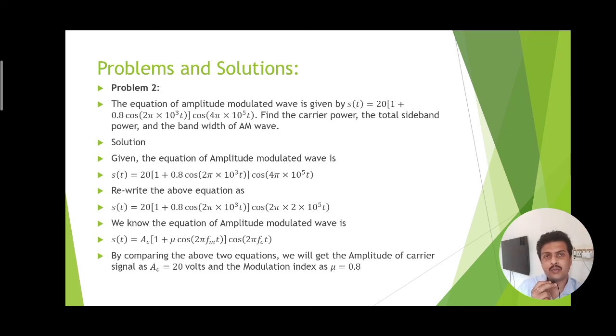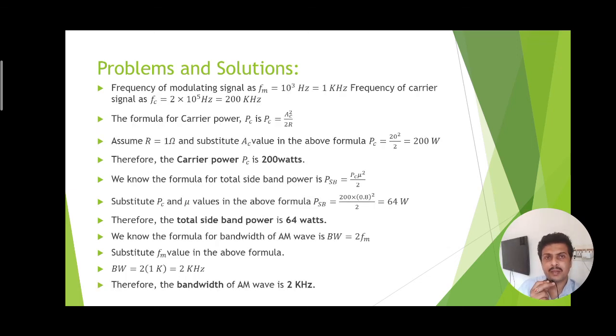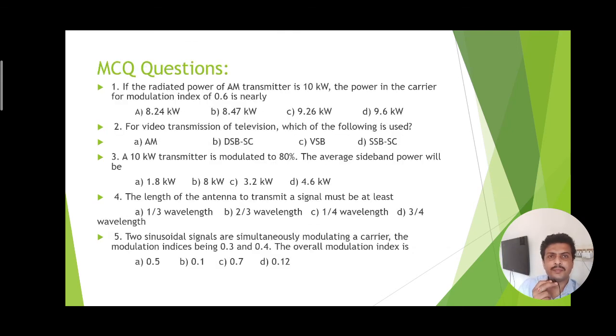We know the total power is PC into 1 plus mu square by 2, where mu is the modulation index, which is 0.8 here. From the expression it is quite explicit. Therefore, if we subtract the carrier power from the total power, we can find the sideband power of the amplitude modulated signal. And the same has been carried out here.